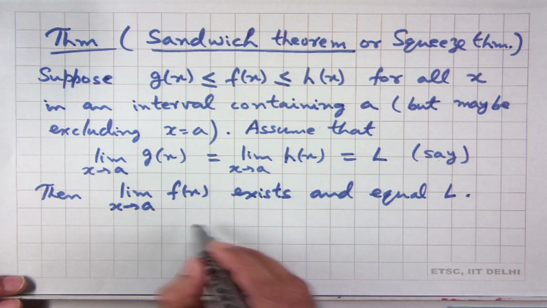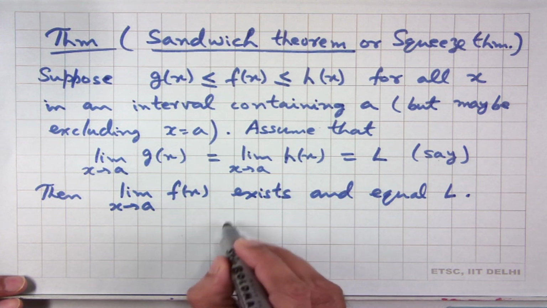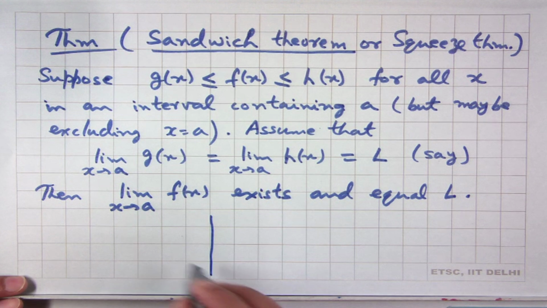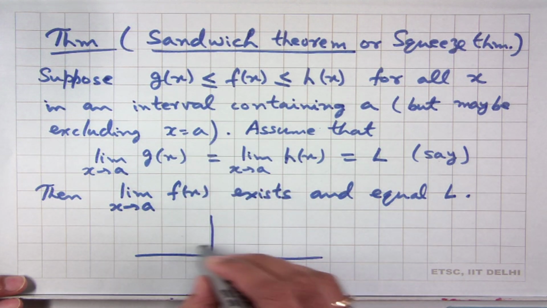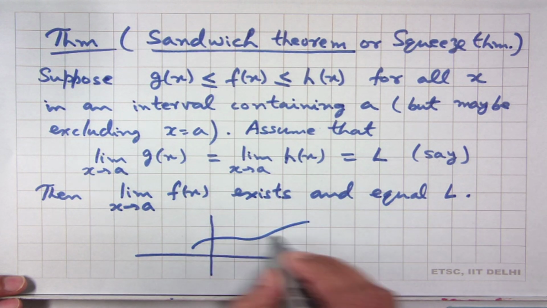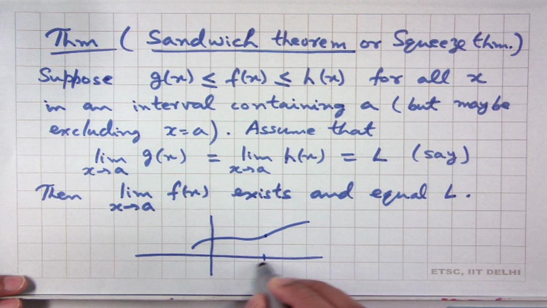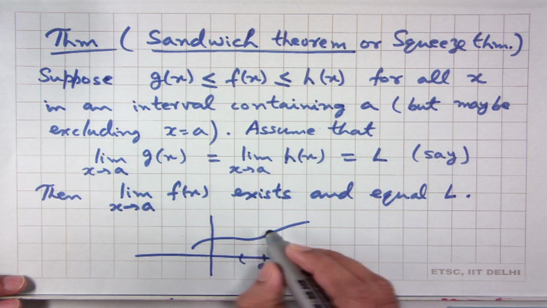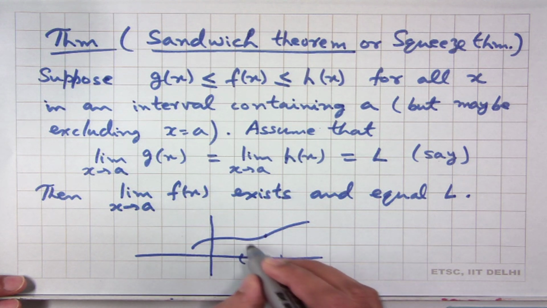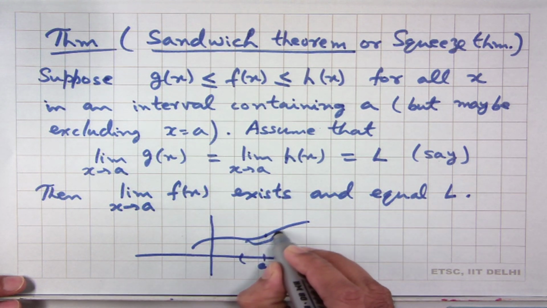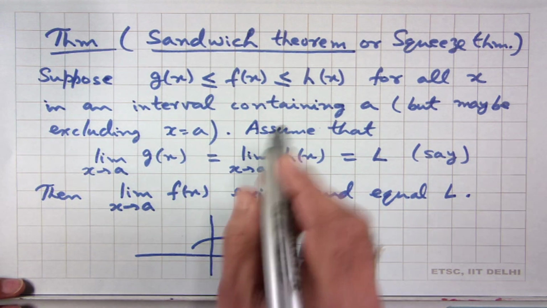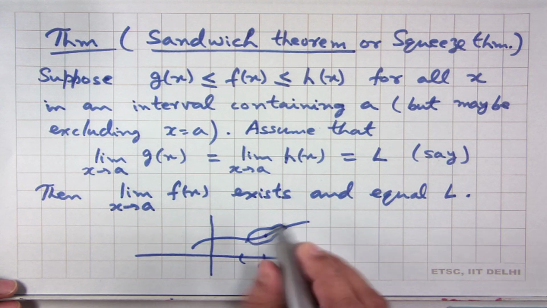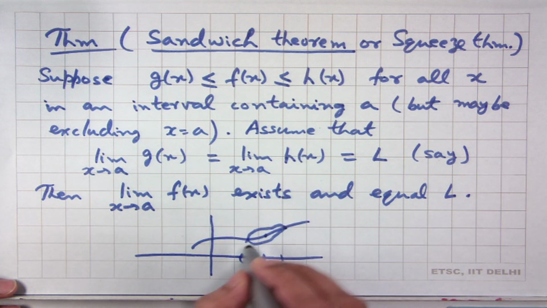So, if you see using a graph, what this says is that suppose you have a function such that in some interval this f of x is between two functions g of x and h of x, and the limit is same, right.